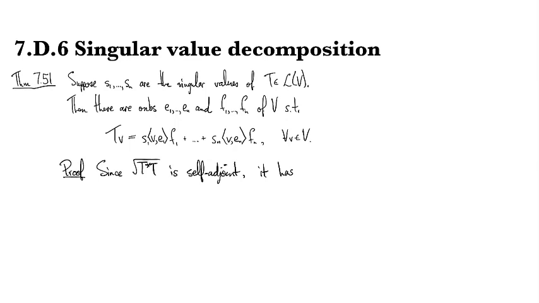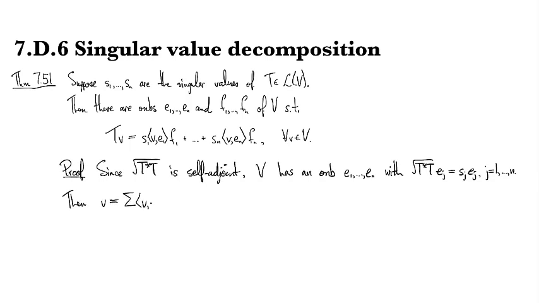So we know that V has an orthonormal basis of eigenvectors of root T star T. And there'll be a full complement of them, meaning that we have as many of them as the dimension of our vector space. Okay, so let's see.